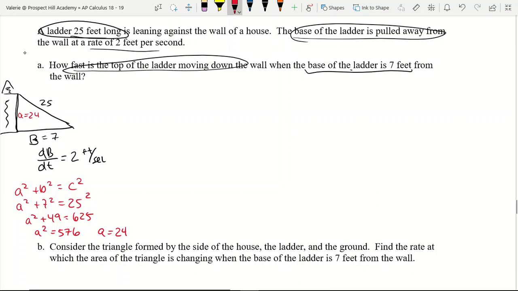So the rate that we're looking for is dA/dt. If we look back to page 119, there's an equation already written to help us with this problem. So let's take a look back at 119 and look at the equation that we're going to need to use and what information we know about it.